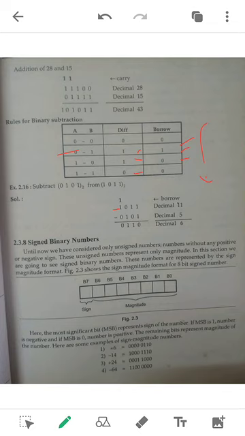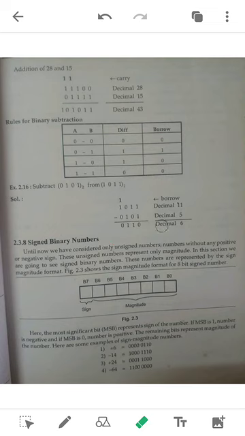So 1 minus 0, you are getting the difference 1 here and the borrow 0. So difference is 1. So this 1 has to be subtracted from the borrow. So 1 minus 1, you are getting the difference 0. Okay, so finally you are getting this 0. Okay, so that is the steps for the subtraction of binary numbers.